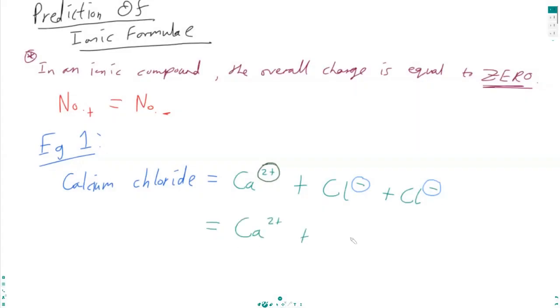We don't write it like this, we write it as CaCl with a little 2, and that 2 corresponds to each of these minus. So that's our final answer. The formula for calcium chloride is CaCl2.